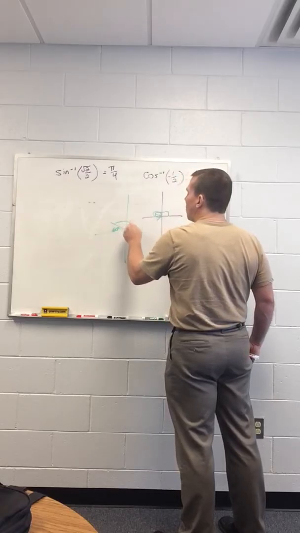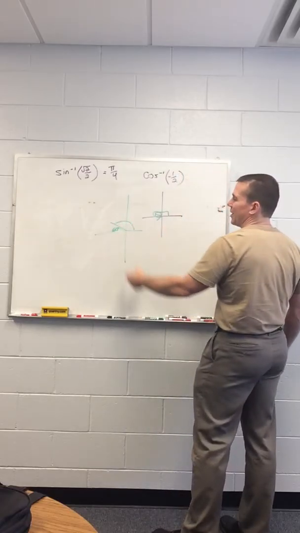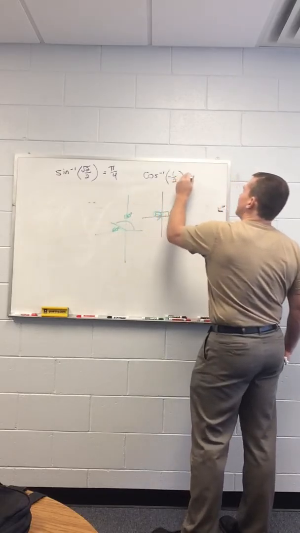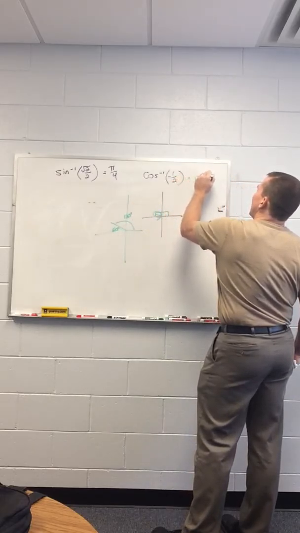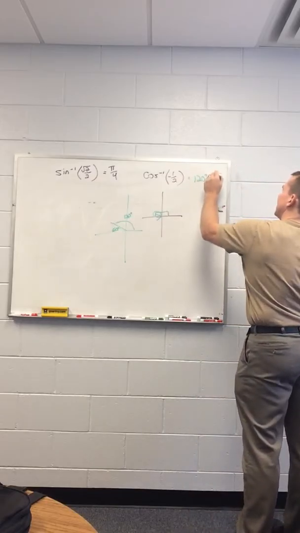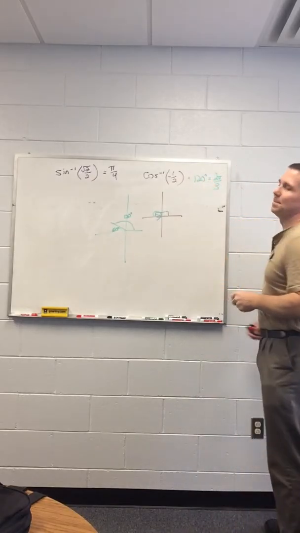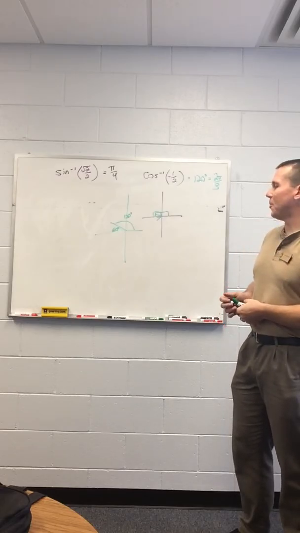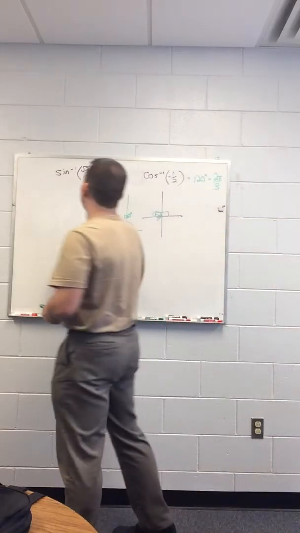But the angle I want is actually that angle right here. If that's 60, we know this is 120. So we can say 120 degrees, or if you want to write it in radians, 2 pi over 3. Those are pretty straightforward, just using the unit circle that you know.